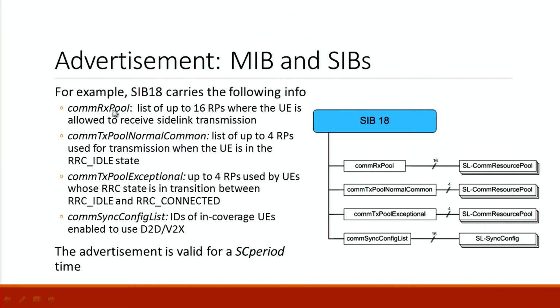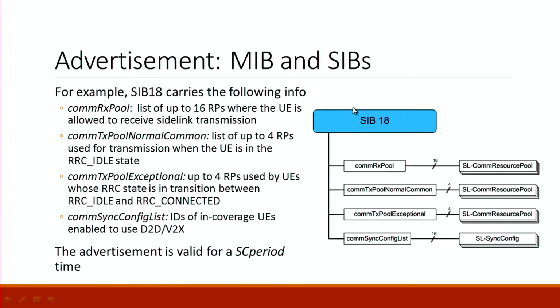For example, it may list up to 16 resource pools, so it will tell you where to find them, in which frequencies to find them, where the UE is allowed to receive sidelink transmission, and then it identifies a number of resource pools that can be used for transmission when the UE is out of coverage.